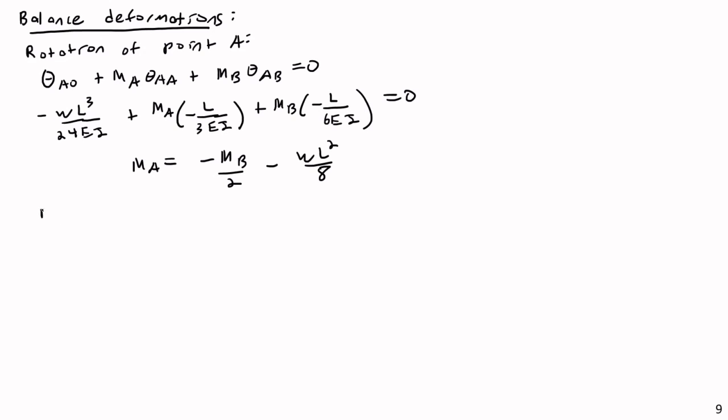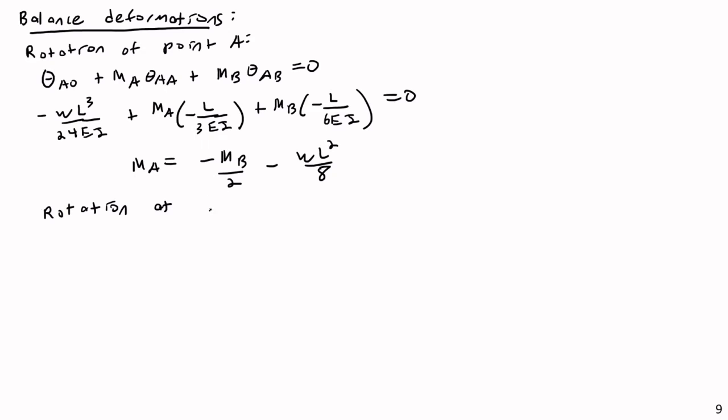Then let us consider the rotation at point B. The rotation at point B is capital theta B naught plus MB times theta AB. Again, this is the rotation at B caused by the moment at B, and we just have MB there.